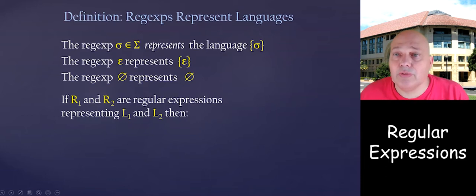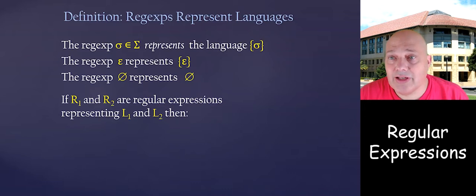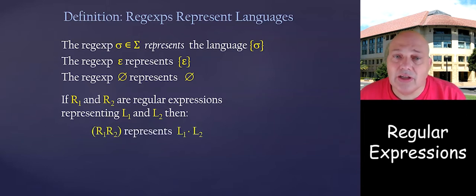Now we need to define what more sophisticated, more complicated regular expressions satisfy, and we add three operations, and we'll go one by one and say what they represent. So if R1 and R2 are the regular expressions that represent the languages L1 and L2, then R1 times R2 represents the concatenation of L1 and L2.